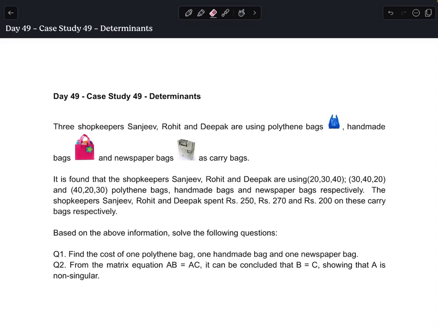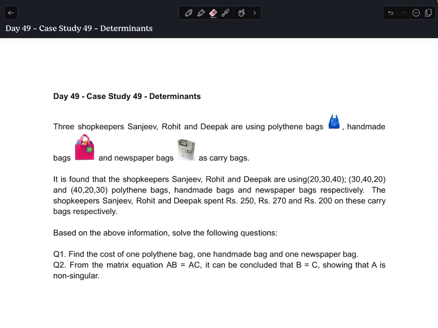They spent rupees 250, rupees 270 and rupees 200 on these carry bags, respectively. Based on the above information, solve the following questions.